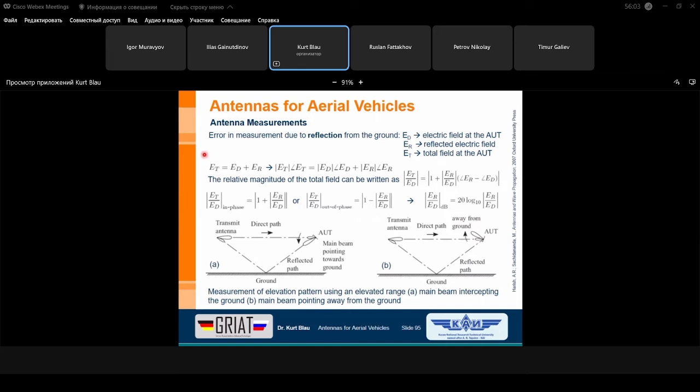We can write, for instance, that the total field is the sum of our electric field coming directly from the illumination antenna plus the part from the reflection on the ground. These two parts are vectors, so we have to write it as a vector.